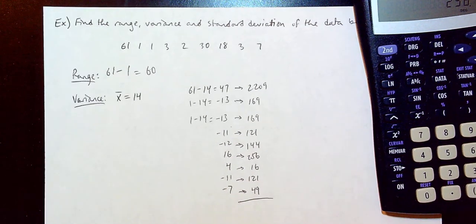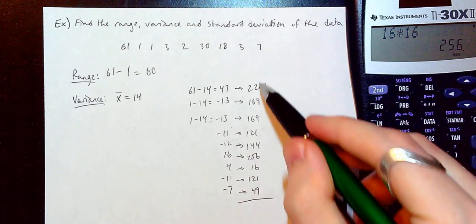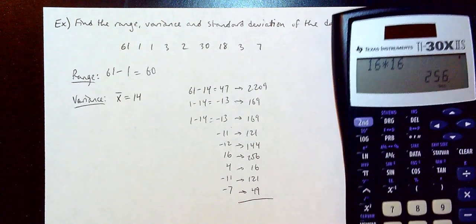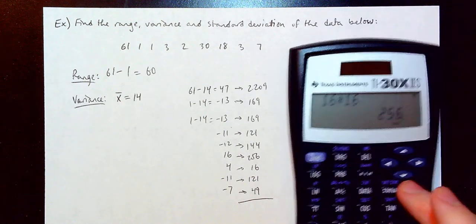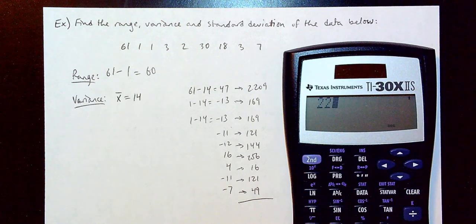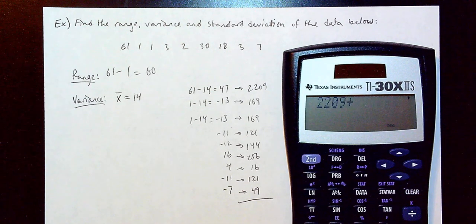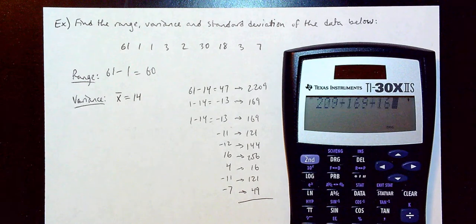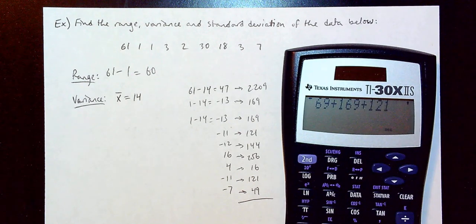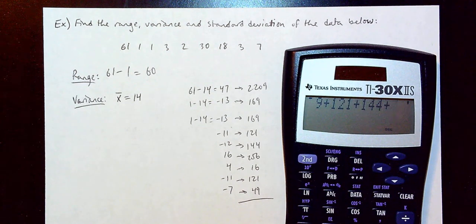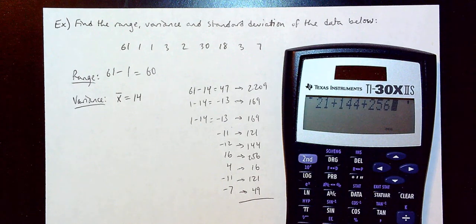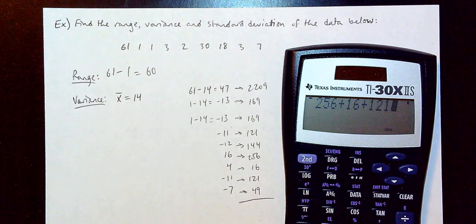Next thing I have to do is add up all of these values here in this column. So I have 2209 plus 169 plus 169 plus 121 plus 144 plus 256 plus 16 plus 121 plus 49.